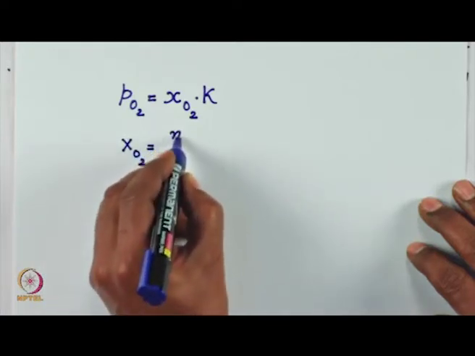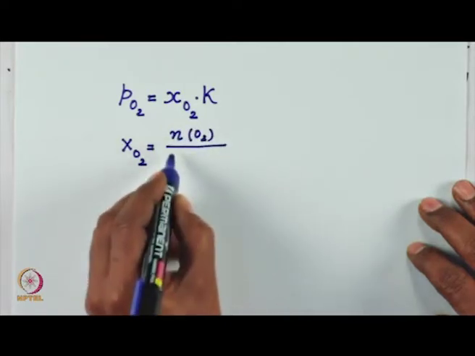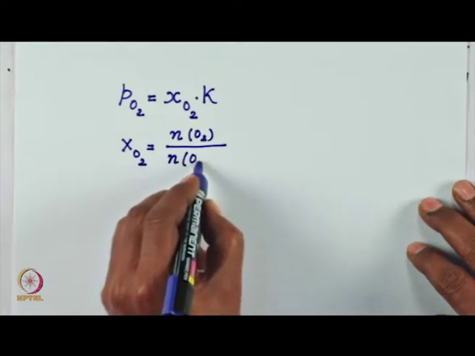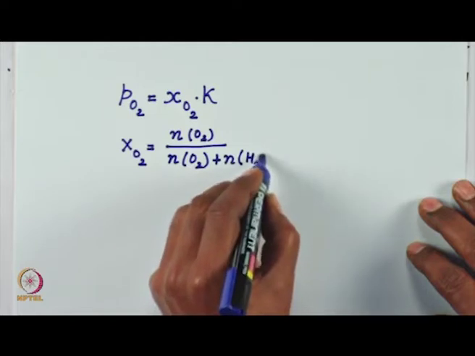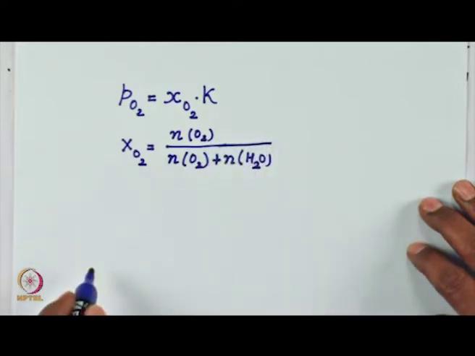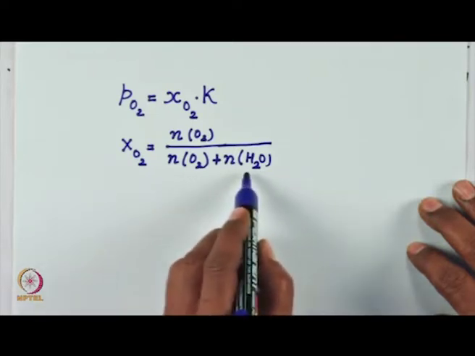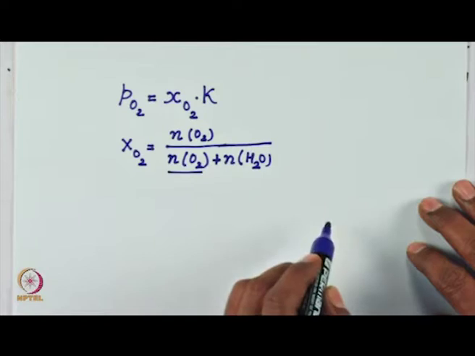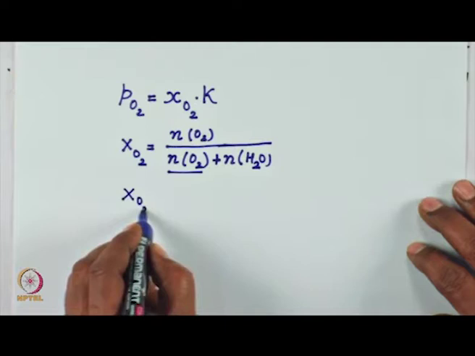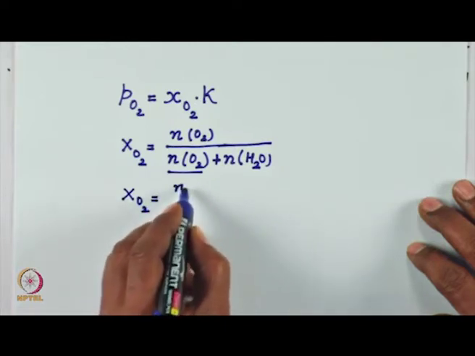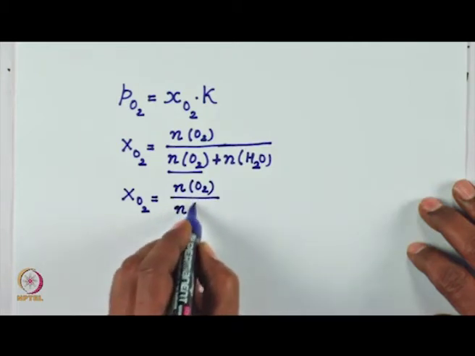This will be the number of moles of oxygen divided by the number of moles of oxygen plus the number of moles of water. And since water is in excess, I can ignore the oxygen term in the denominator. So, the mole fraction of oxygen will be equal to the number of moles of oxygen divided by the number of moles of water.